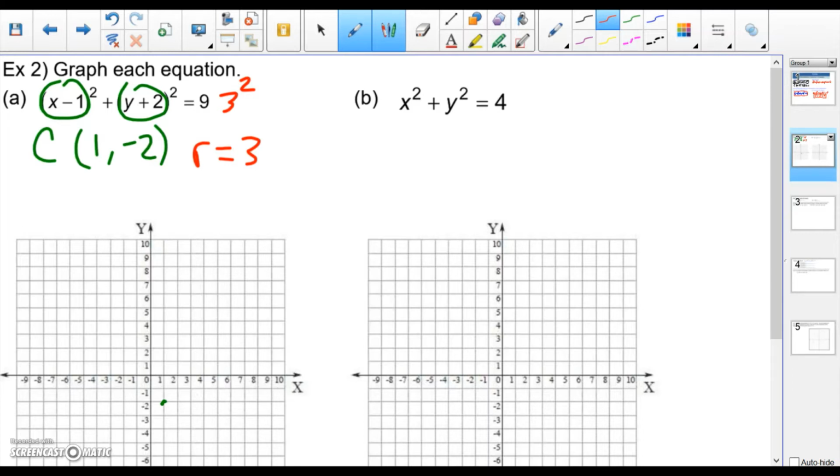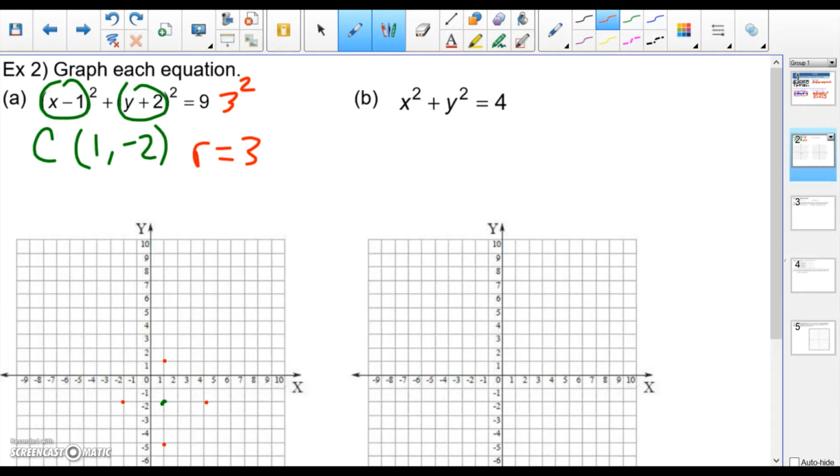So here's how I would graph this. Start at the center and go over in any direction 1, 2, 3 units. Oh, I missed. Let's try that again. And up 1, 2, 3, and over left 1, 2, 3, and down 1, 2, 3. So you're going to have a circle that has to go through those points.